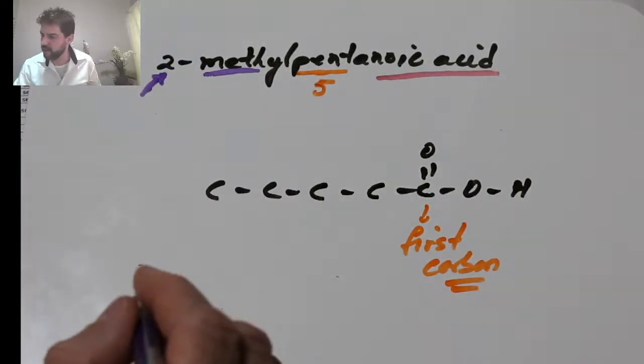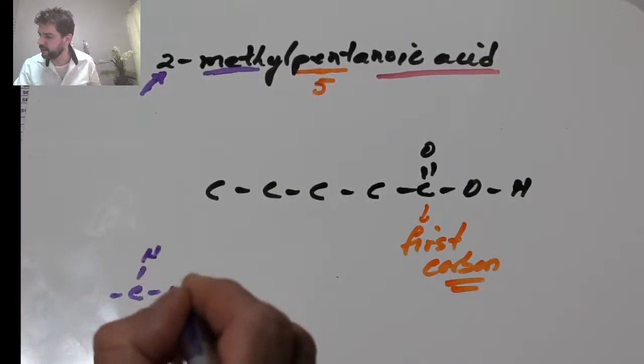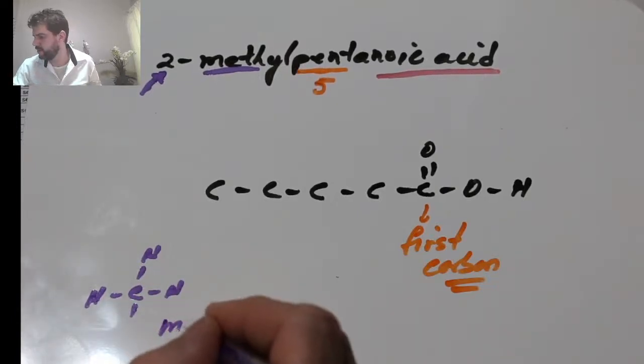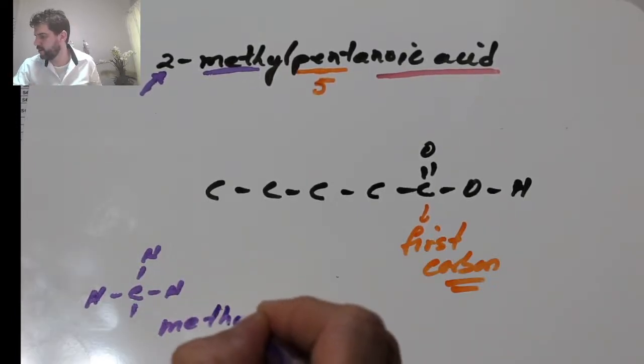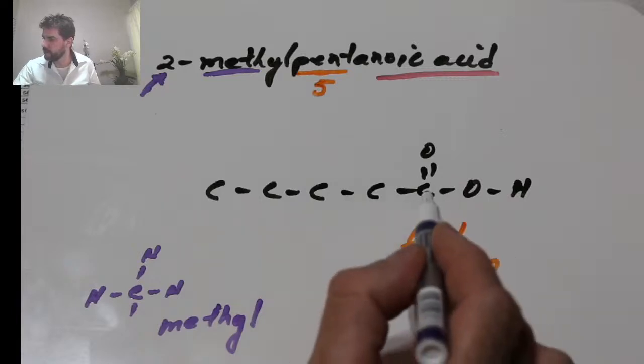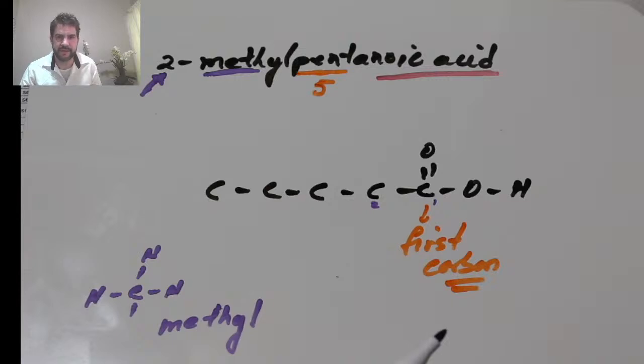Remember, a methyl is a carbon that has 3 hydrogens. That is a methyl. And then that methyl is in the second carbon. Remember, the first carbon is this carbon here, carbon 1, so this one is carbon 2. So you have to represent a methyl in that specific carbon.